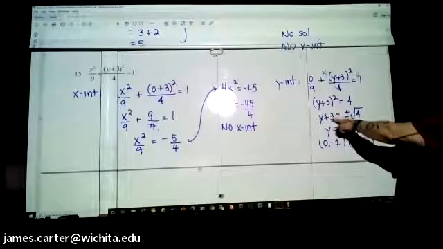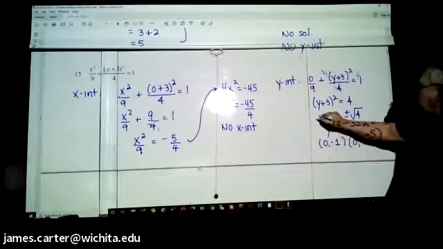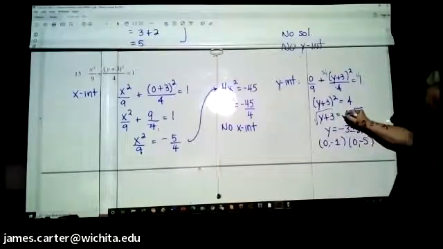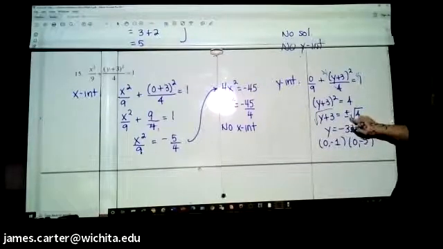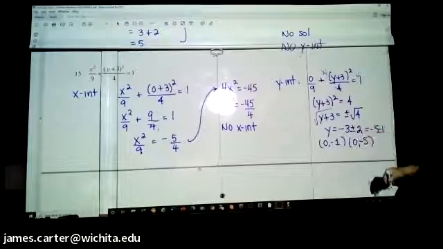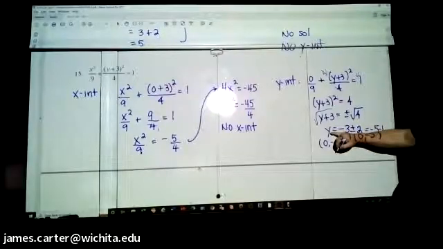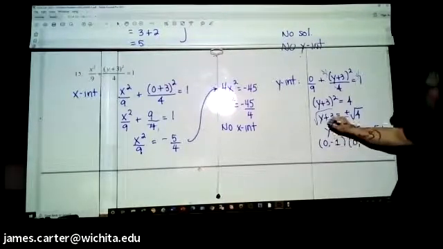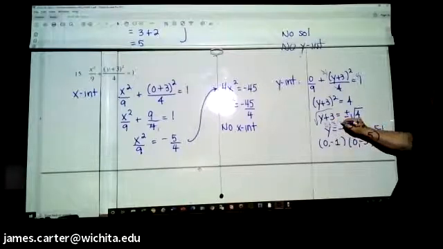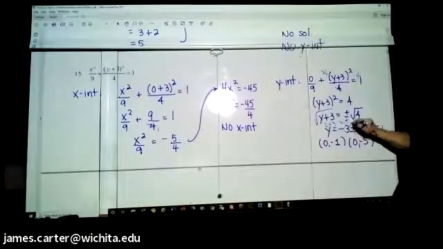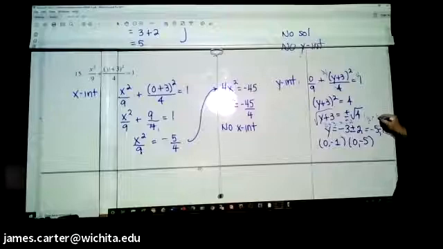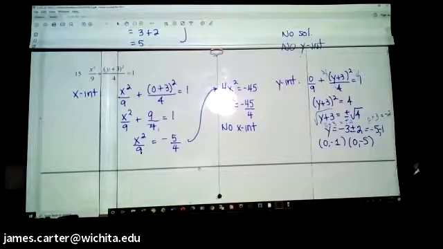Now, they took the square root of both sides. They didn't show it. And they did show it on this side. Okay, so here we get y plus 3 equals plus 2, and y plus 3 equals negative 2.